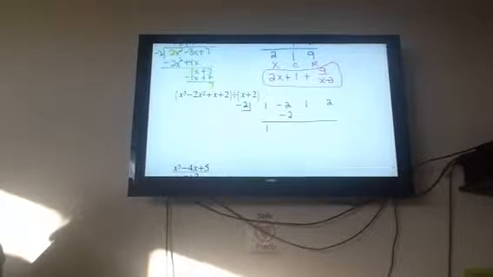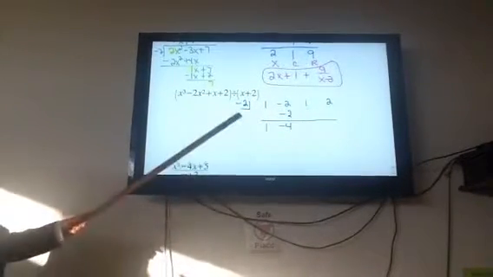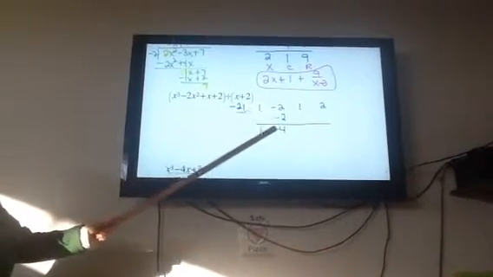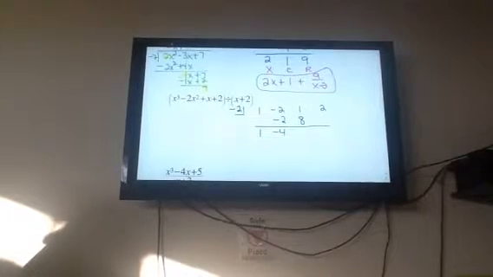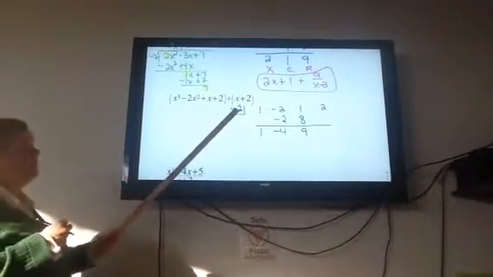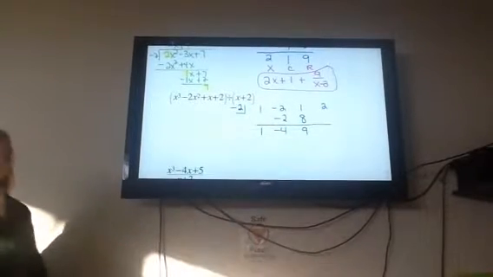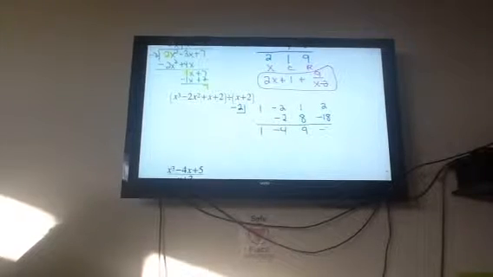And I add and get negative 4. And I repeat, I multiply negative 2 times negative 4, and I get positive 8, and I add and get 9. And I multiply negative 2 times positive 9, and I get negative 18, and I add and get negative 16.